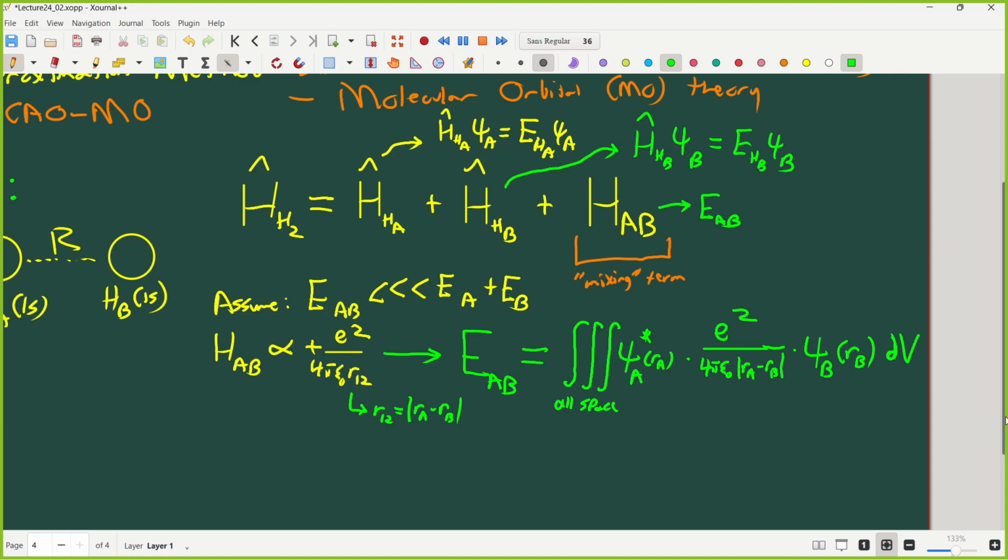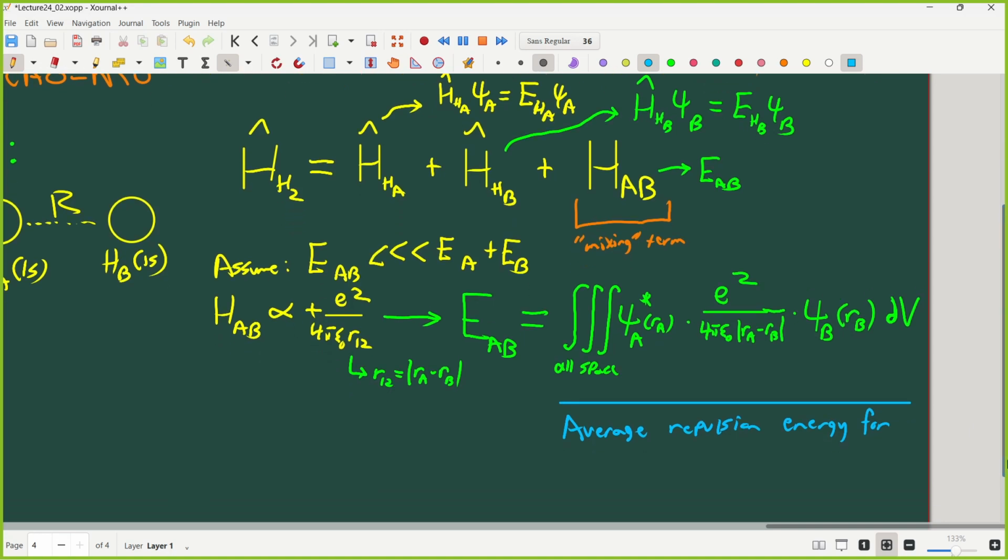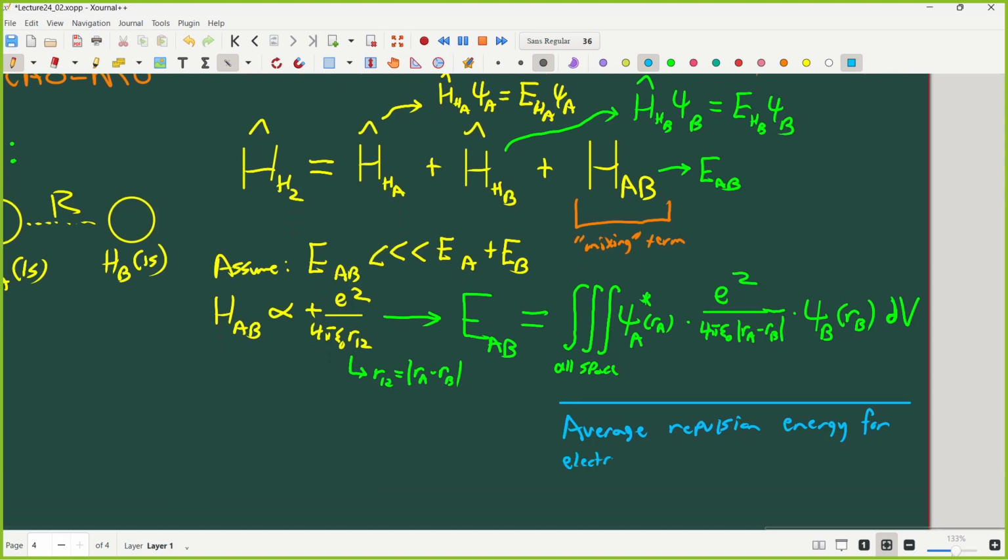So we're going to average the repulsion energy. It's just going to be a number. So this is the average repulsion energy for electrons at positions RA and RB.